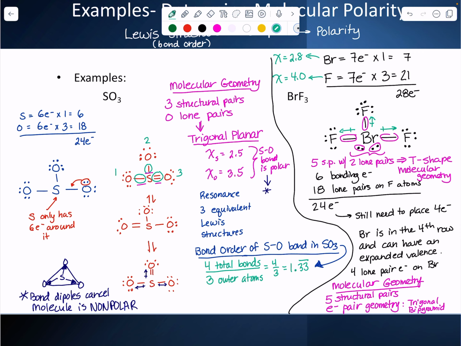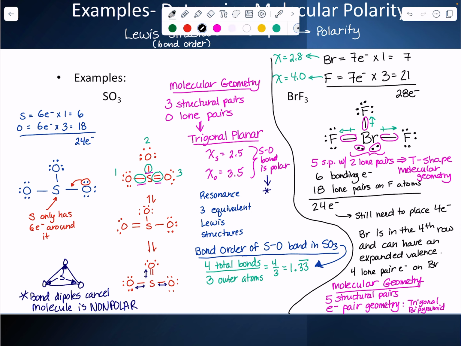All right, so this is another case where we have 3 bond dipoles. If you recall, in SO3 we had 3 polar bond dipoles. In BrF3, we have 3 polar bond dipoles. But in the case of SO3, we have trigonal planar geometry, so all 3 of those are going to cancel out. Here we have T-shaped geometry.